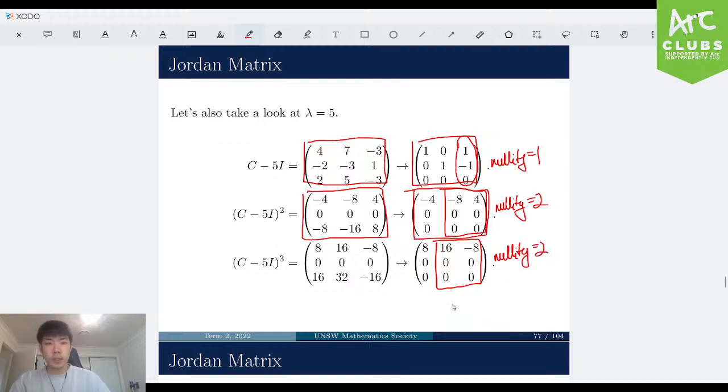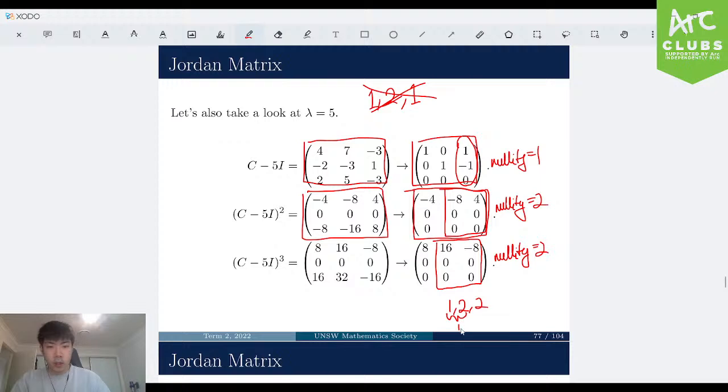So this time the sequence is 1, 2, 2. This still satisfies our condition, because at each step the nullity is non-decreasing. It went from 1 to 2 to 2. It didn't go, for example, from 1 to 2 to 1, right? This would not be allowed, okay? Because nullities would have increased and then decreased. And furthermore, the differences in nullity are also non-increasing.